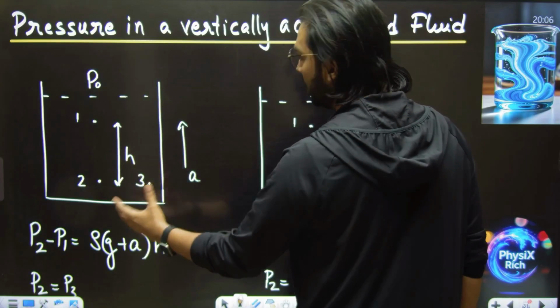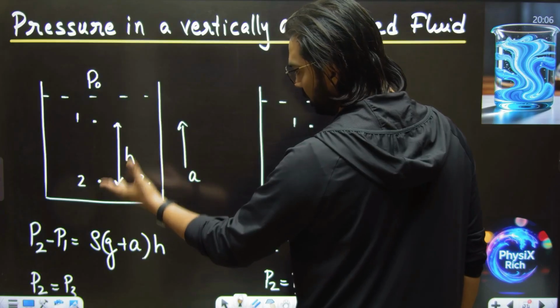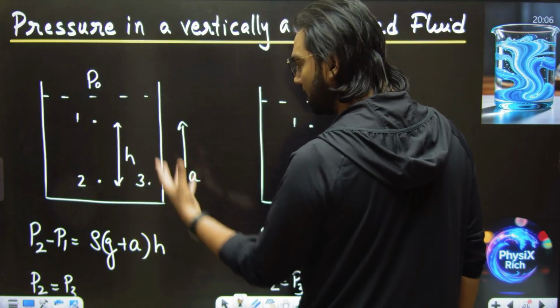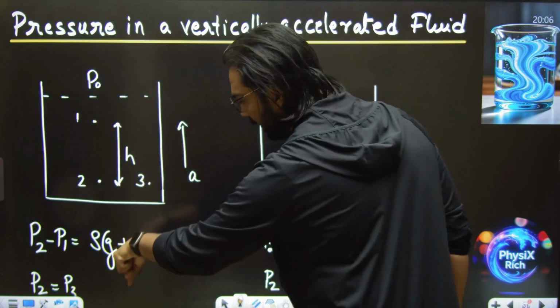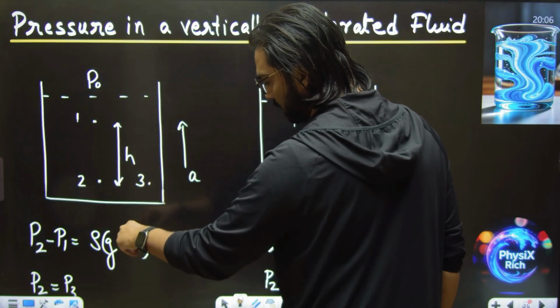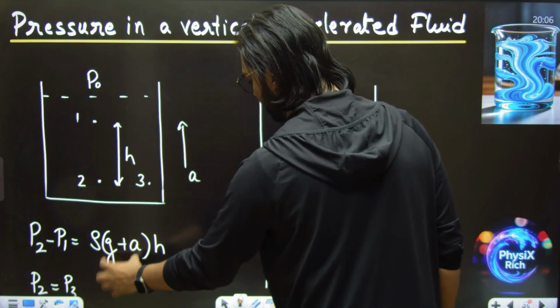This happens because we analyze everything in fluid statics in the frame of reference of the container. In that frame, the g, which usually acts downwards, now becomes g plus a, and this is called the g effective.